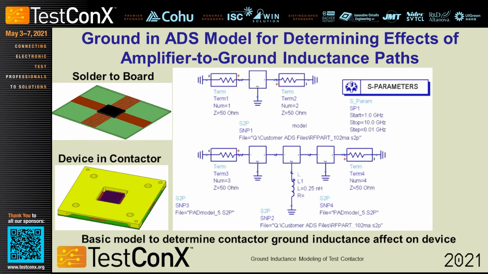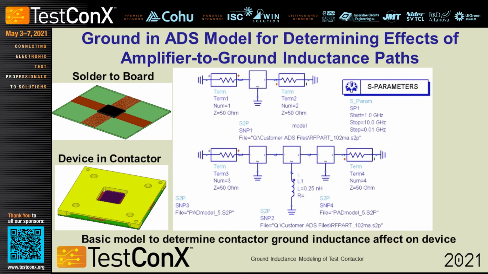And if you look at the bottom side, if the device is in the contactor, you have to add a few more components. You have to add the S parameters in this case, because it's an S2P file. It's measured ground signal ground results, but you'll have that on the input side to the device, which is in the middle, and then the output to the board side, both terminated on the outside.